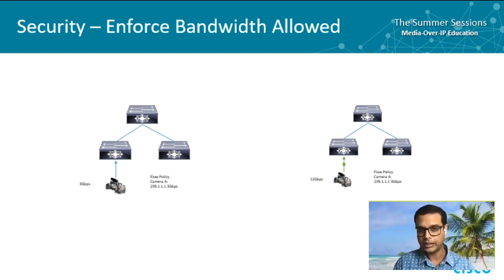So it is sending more traffic than what you intended it to send. So rather than allowing that stream to go through and oversubscribing the network, what we do with Cisco's IP Fabric for Media is we enforce that camera to only send that much amount of traffic it's allowed to.